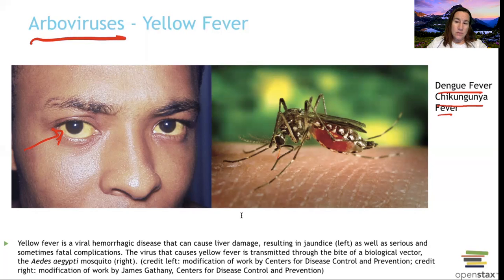They are usually self-limiting. This one is not typically fatal. So good news for that one. We don't have treatments for this one. It's just treating the symptoms, and vector control is our best way to stop this from happening. So these are our arboviruses: yellow fever, dengue fever, and chikungunya fever.